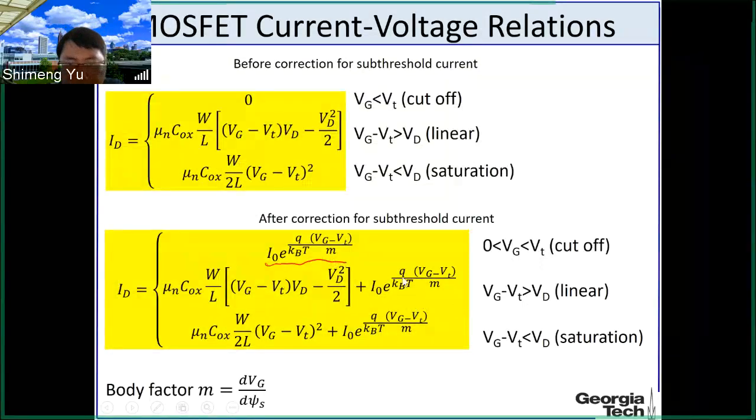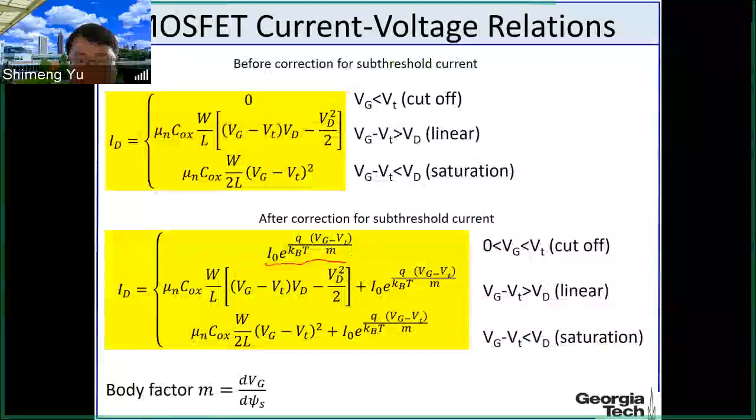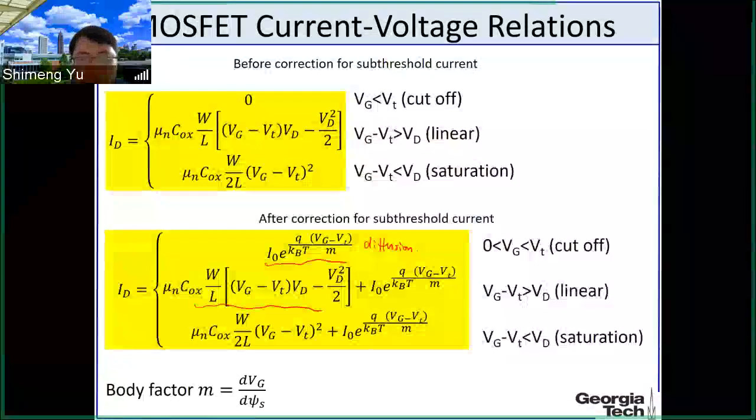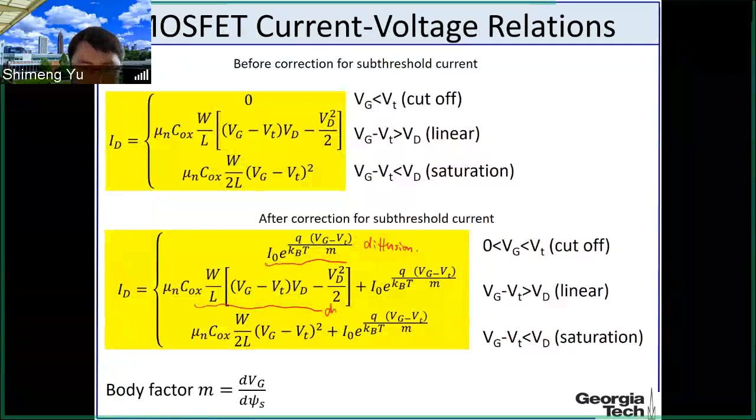And of course, this will be added up to the current above the threshold as well, because those currents are independent, because of two mechanisms. As we discussed before, this subthreshold current is caused by the diffusion. And what we derived before, for example, the current above the threshold, no matter linear region or saturation region, those are drift currents.